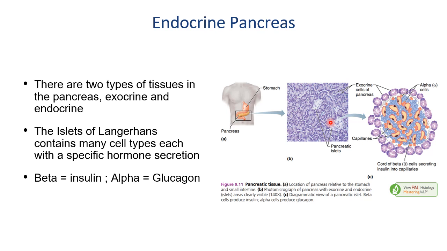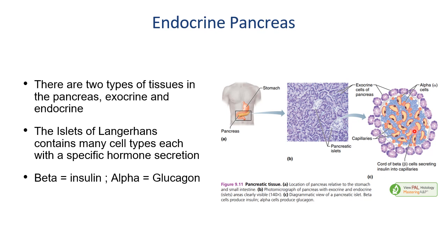A closer view of that would be this one. These are your exocrine cells of the acinus of the pancreas, which secrete digestive enzymes. And this would be the alpha cells. And this would be the beta cells, the blue one. The beta cells are more numerous in the islets of Langerhans, and your alpha cells are less numerous.